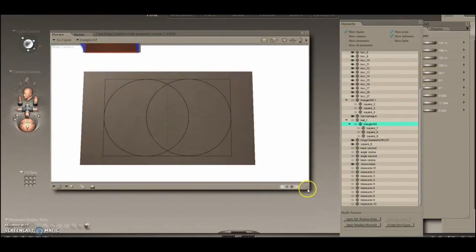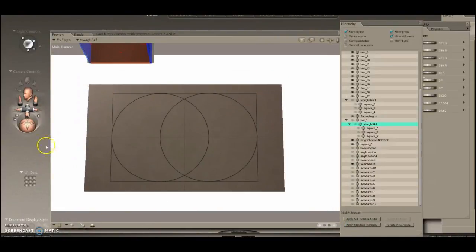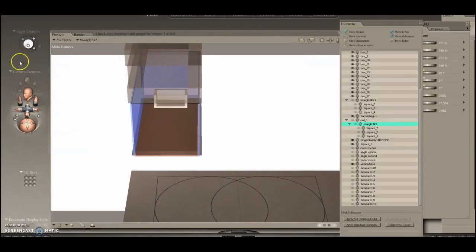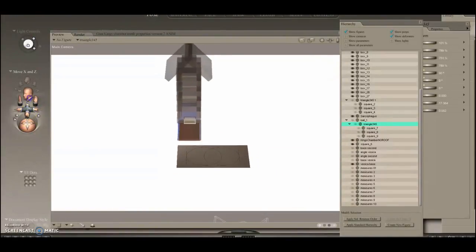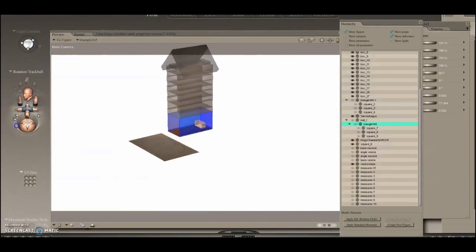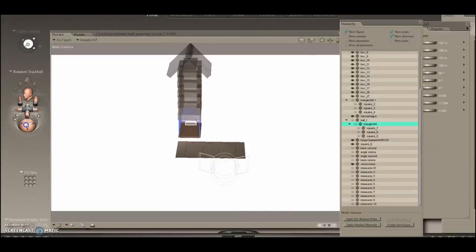Okay, so we have the Vesica, and there we have a model of the king's chamber, or the upper chamber.